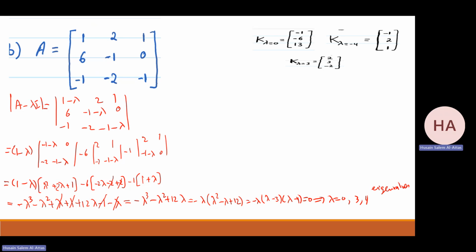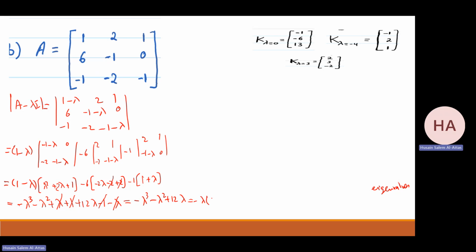I can check. Their sum is what? I have 12. Is it plus 12 or minus 12? That will be, I took minus common factor. Yeah, I took minus common factors.